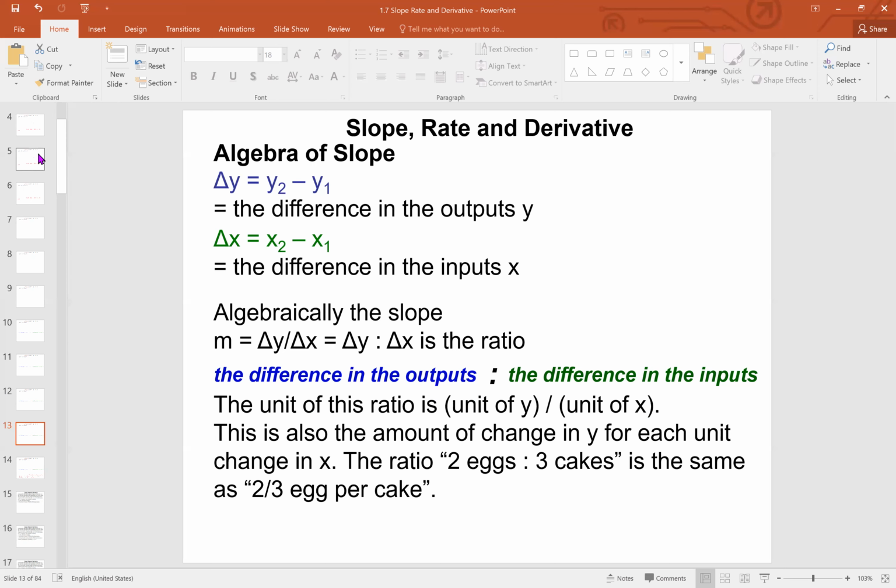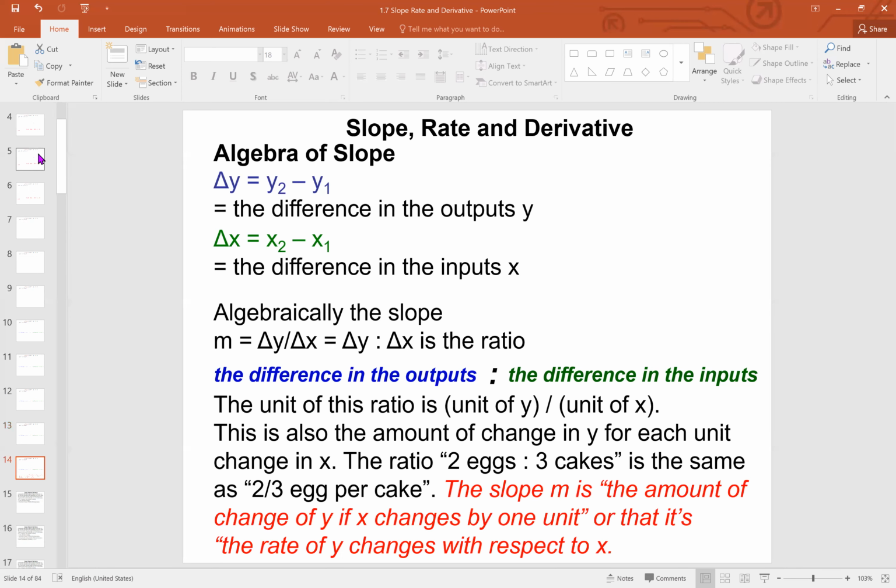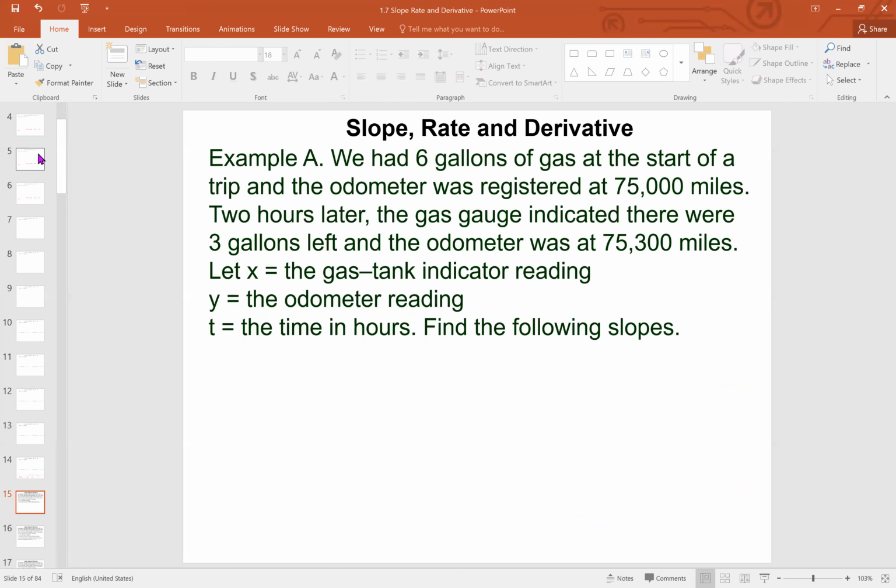So there's this interpretation of the slope as the per unit change: the amount y changes if you change x by 1 unit. Here are our examples.